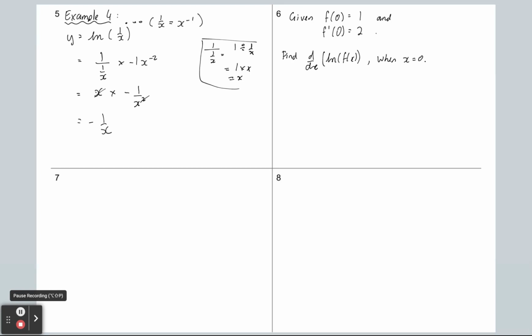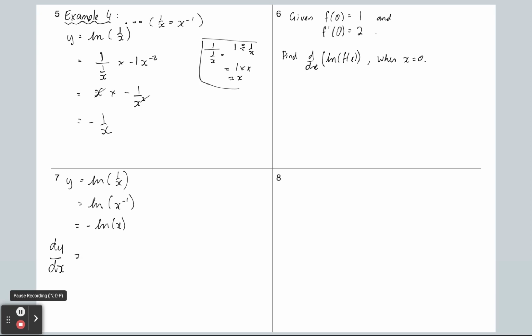I could have made my life easier by starting the problem in a slightly more efficient way. If I'd started off with this, and then gone, well, that's equal to ln of x to the negative 1, and then used my log laws to say, if we've got a power here, that can go in front, then I would have had negative ln of x, and then I could work out the derivative.